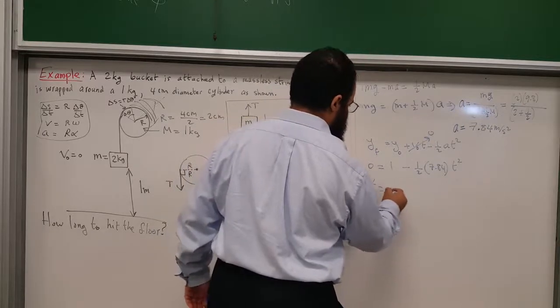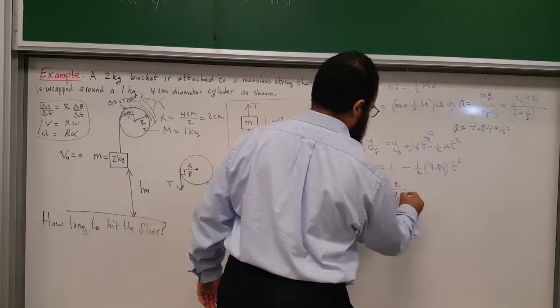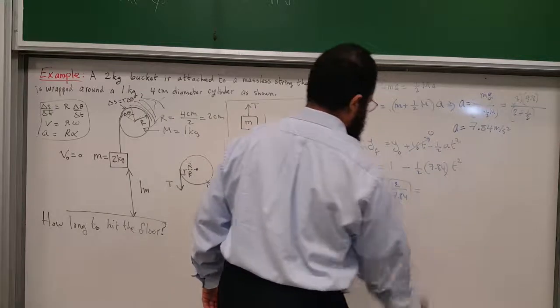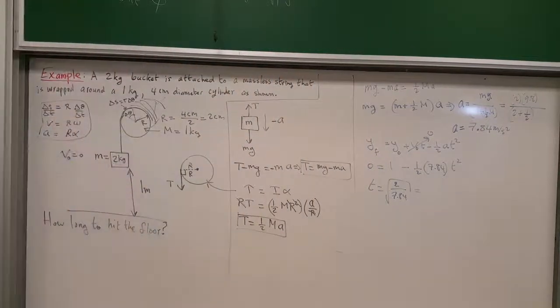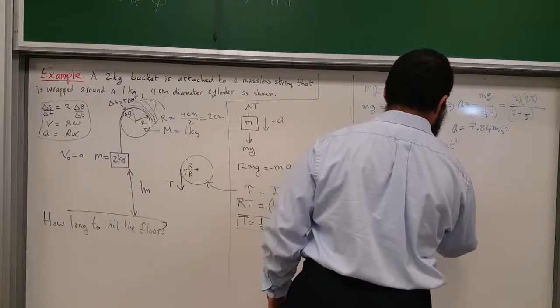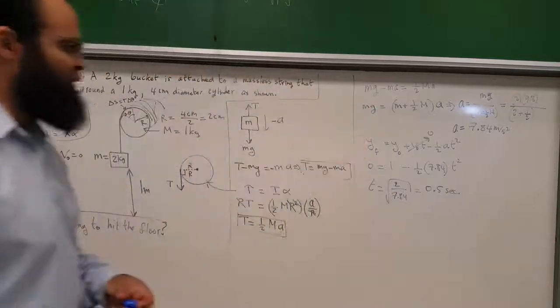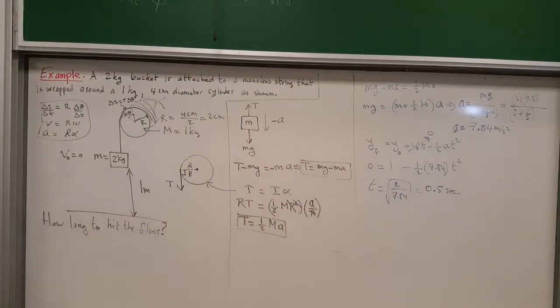So t will be the square root of 2 over 7.84, and we get approximately 0.5 seconds, or maybe exactly, because things will cancel. So that's that.